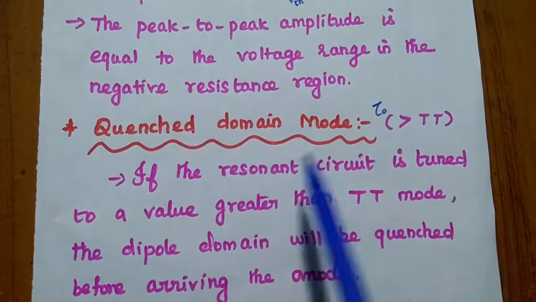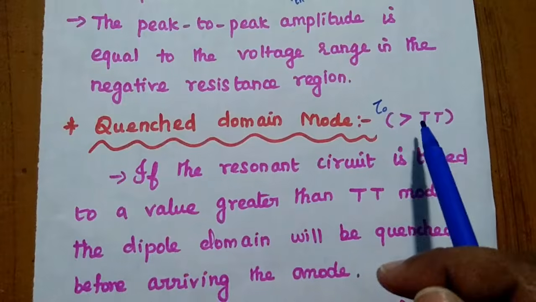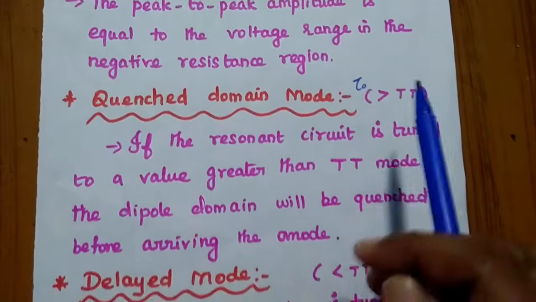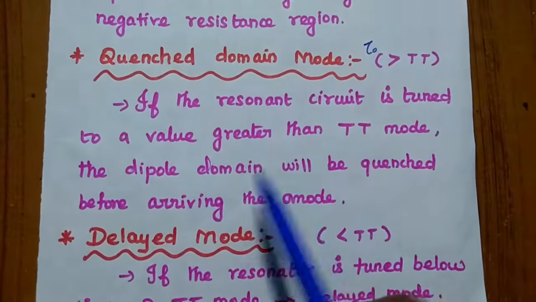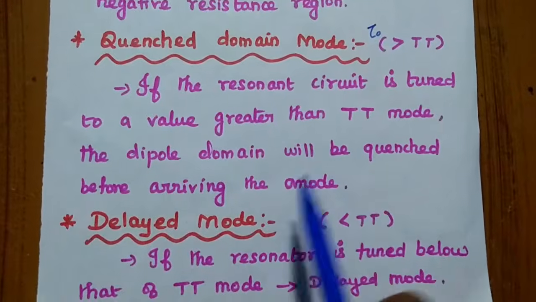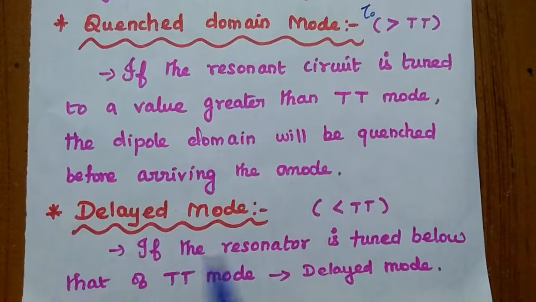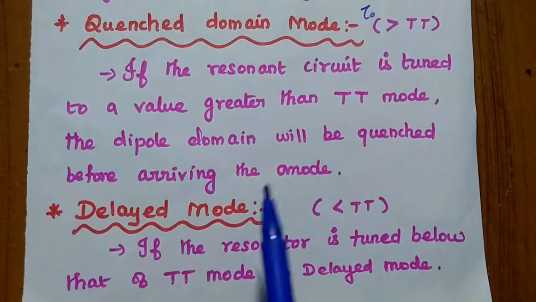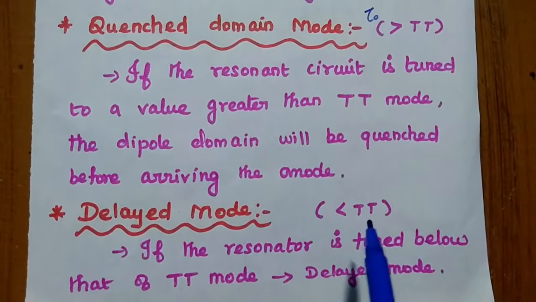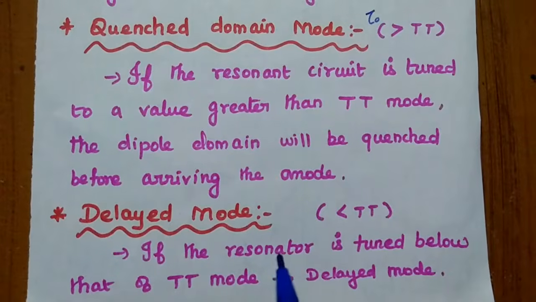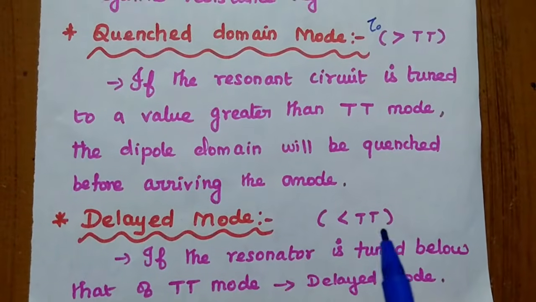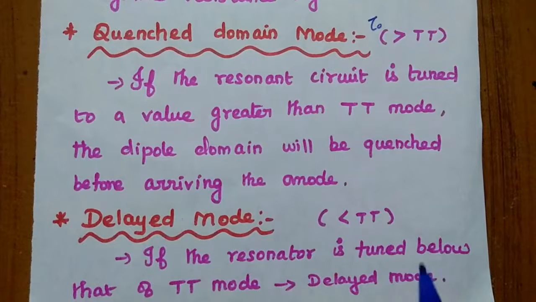You have to remember this. Here the resonant circuit is tuned just greater than the transit time, and then the dipole moment will be quenched before arriving at the anode. Delayed mode means here it is tuned to a value lesser than the transit time, so it can reach the anode after the required time period.